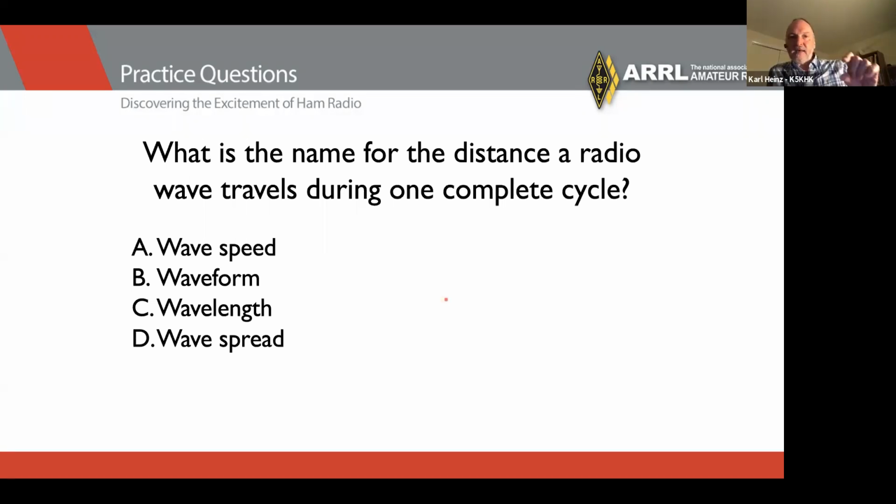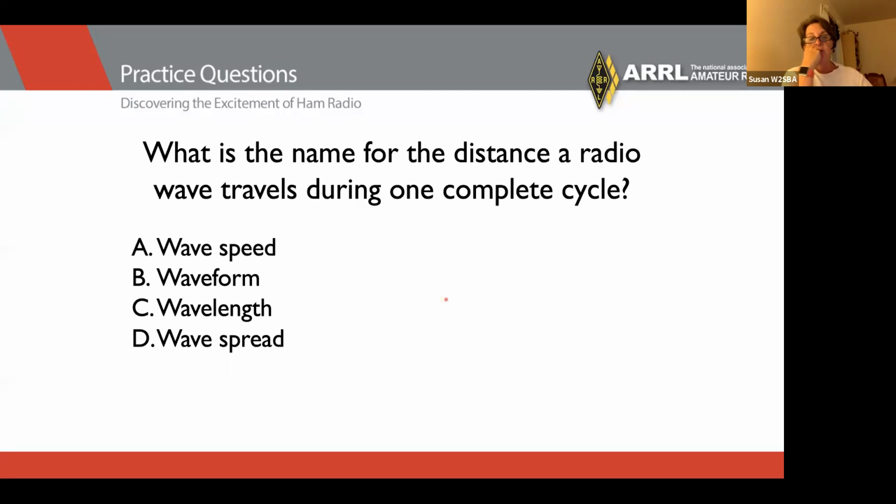The only difference is that the order of the answers, the potential answers, is always randomized on the test. So in this case, the right answer is C, wavelength, but don't bet on it that it will be C on the actual test. It may be A or D. So you need to recognize wavelength, not the position of where the answer was when you did your practice tests.